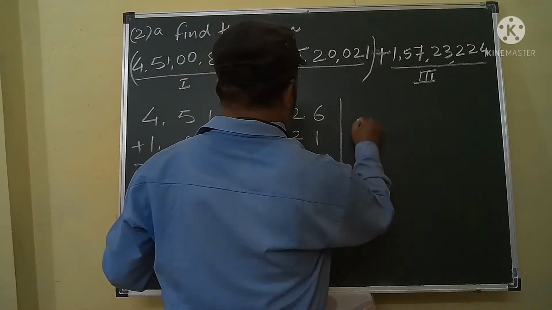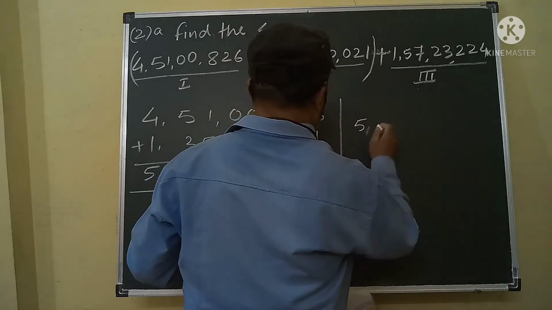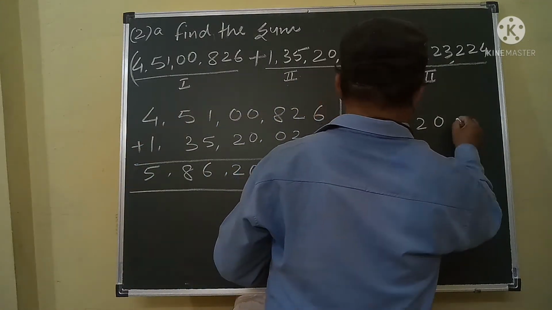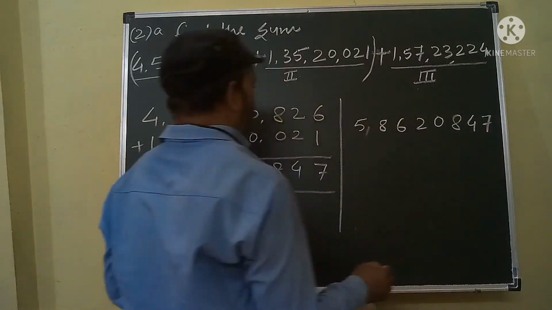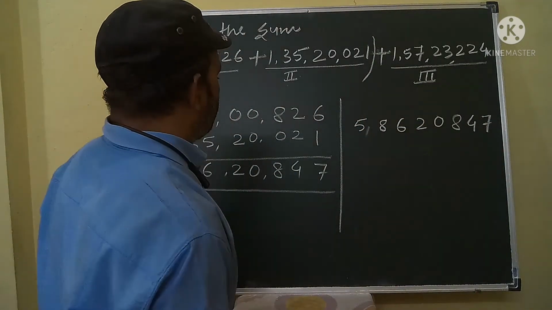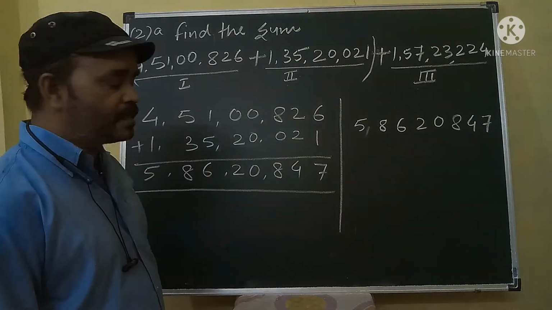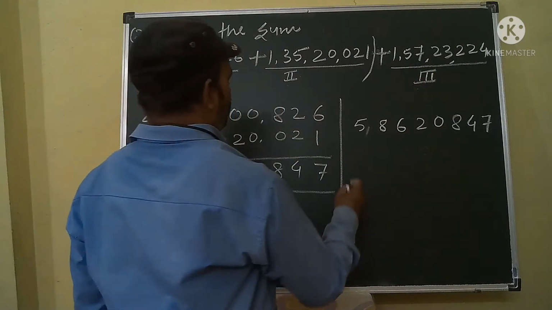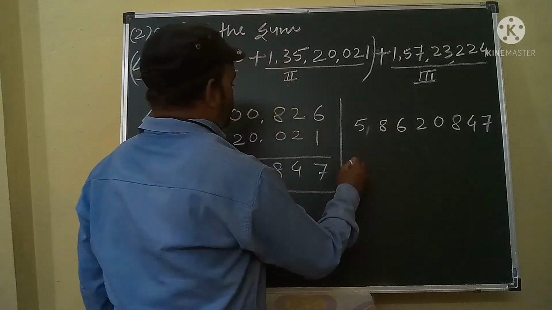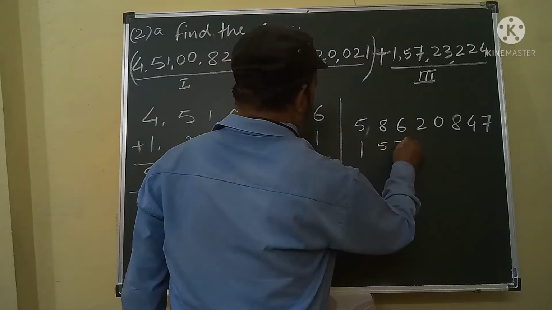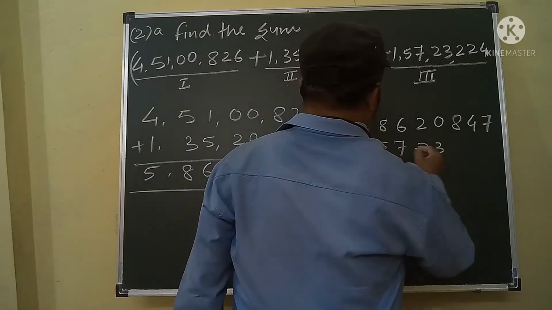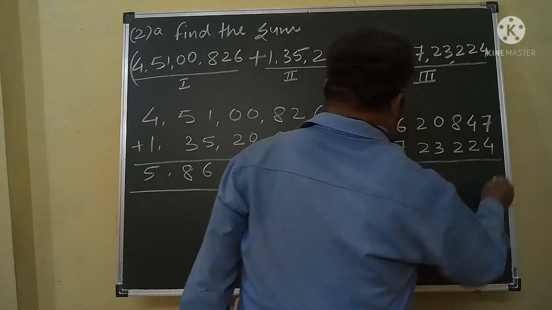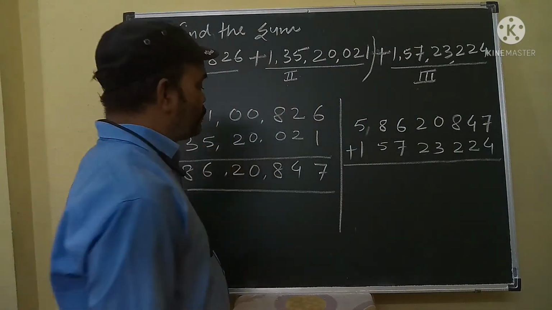This is 5 crores 86 lakh 20,847, and we will write here 1 crores 57 lakh 23,224. Okay, now let us find the sum.